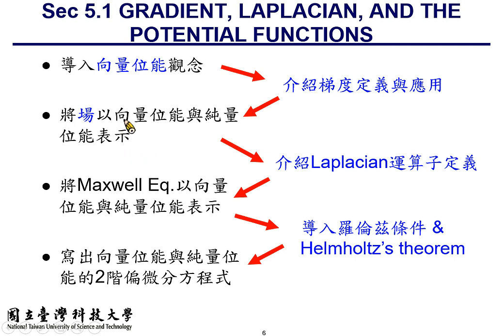Then we can express the electrical field and magnetic field in terms of a potential, including the electrical scalar potential and magnetic vector potential. The other mathematical tool we will introduce in this section is the Laplacian. As I already told you, you are applying the special derivative twice, and this is referred to as the Laplacian operation. The last thing we will look into in this section is the Helmholtz theorem. We'll talk about that later.